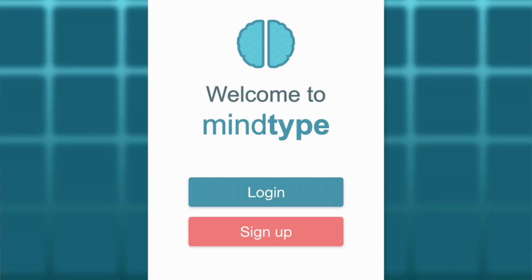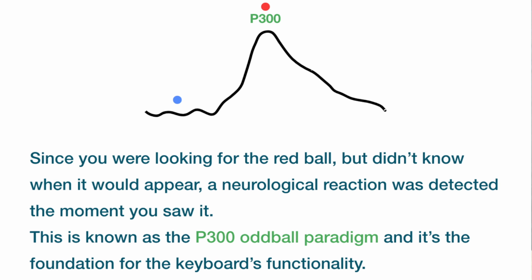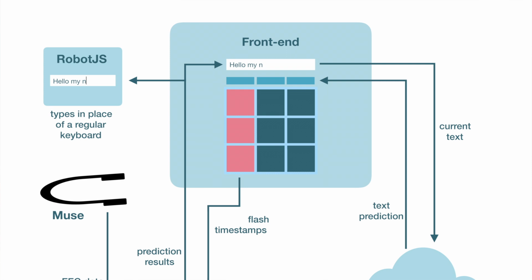So we wanted to test this idea by doing a full rewrite of our MindType mind-controlled keyboard. This mind-controlled keyboard uses P300, or the oddball paradigm, to infer what letter you are trying to type using a series of flashes. We are using, in the new iteration, React plus Electron for the front end.